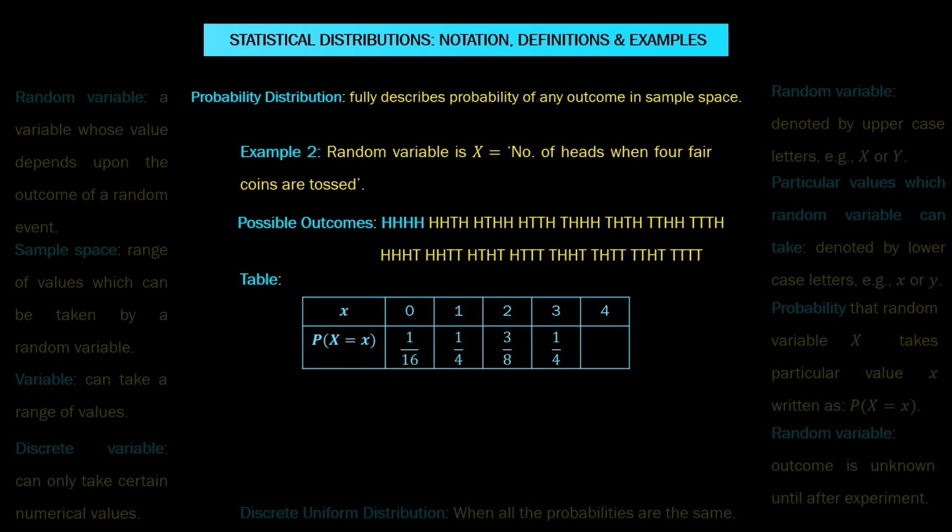And finally, what is the probability of getting 4 heads? Of course, there's only one way, and that's heads, heads, heads, heads. So the probability of x equals 4 is 1 out of 16.